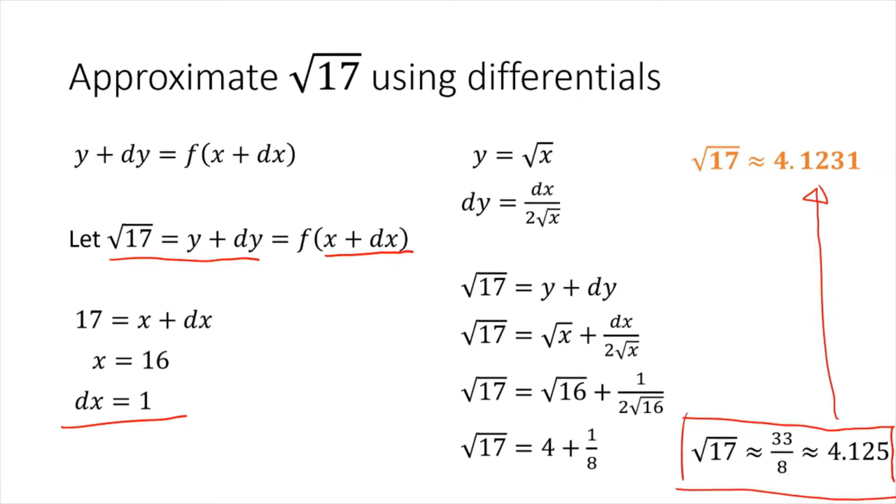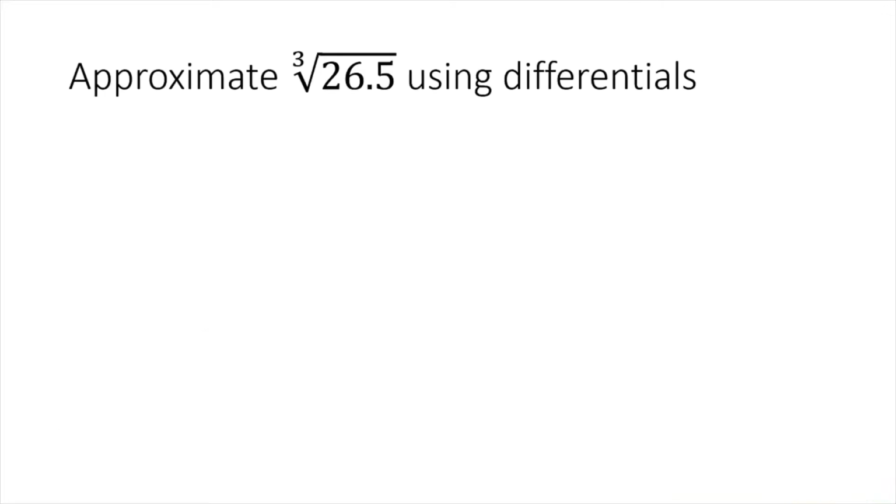Next, let's try this one. Approximate the value of cube root of 26.5 using differentials. Again, let's try first using the calculator. It will result to 2.9814. So let's see if using differentials will give approximately the same value.